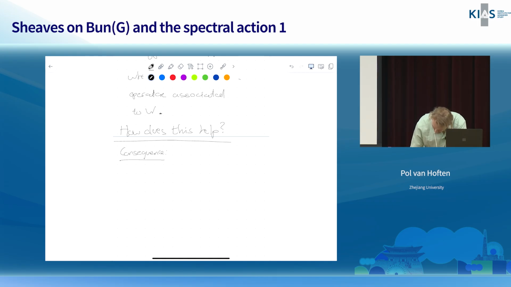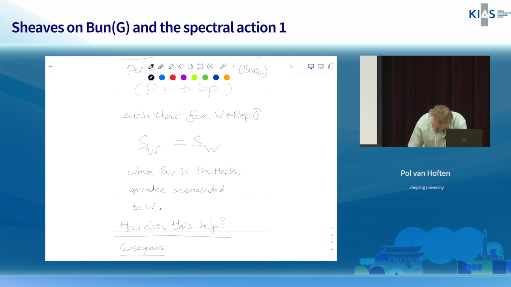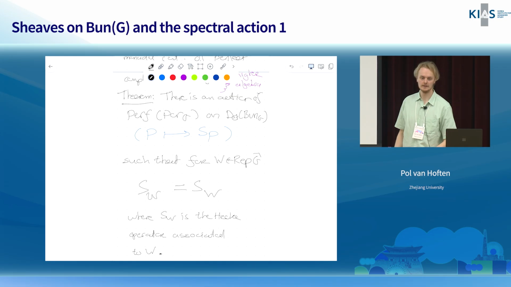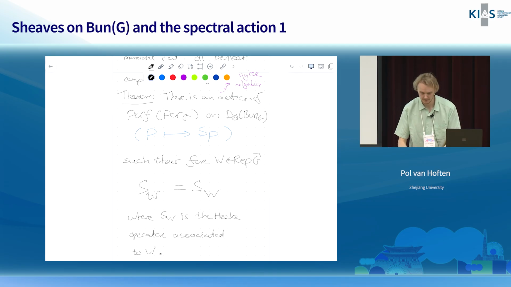is that I can look at endomorphisms. Sorry, so experts will know I've omitted an assumption here on L. I need to assume L is not terrible. L shouldn't divide the torsion order of the center.